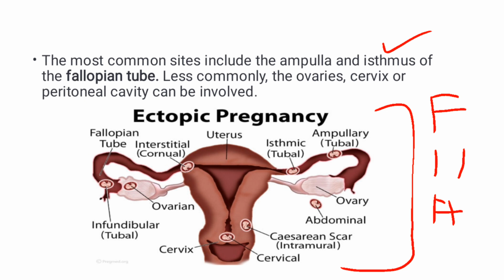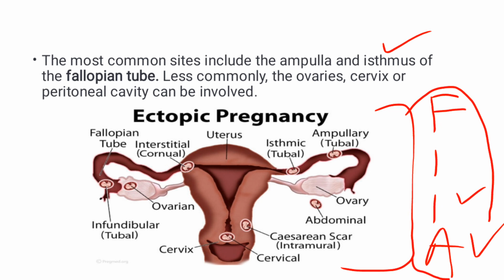So to simplify this, let me just put FIIA: fimbriae, isthmus, infundibulum, ampulla. So ampulla is the most common. Since we have two I's, you can put either one, but just remember that the isthmus is the second from the ampulla. So the most common site in the fallopian tube is the ampulla. All these are parts of the fallopian tube.